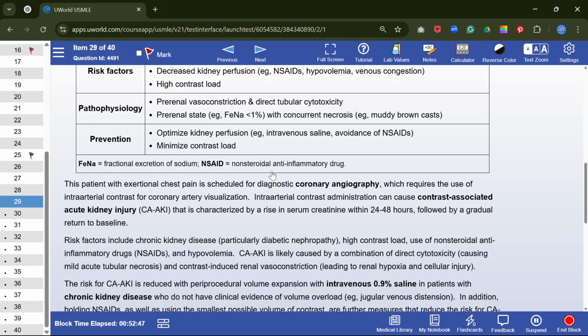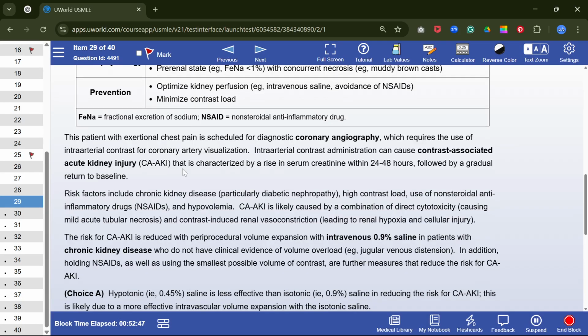Risk factors include CKD, particularly diabetic nephropathy, high contrast load, use of NSAIDs and hypovolemia. Contrast associated AKI is likely caused by a combination of direct cytotoxicity causing mild acute tubular necrosis and contrast-induced renal vasoconstriction leading to renal hypoxia and cellular injury.